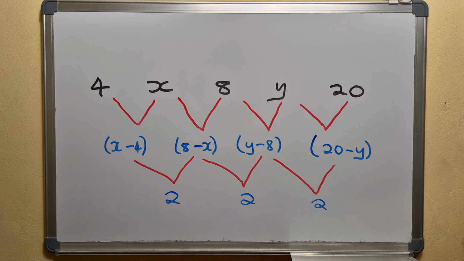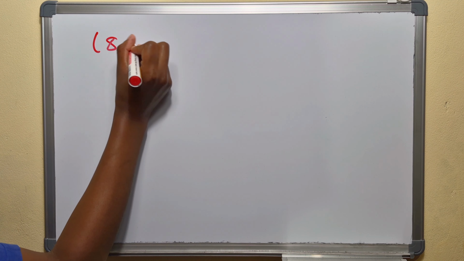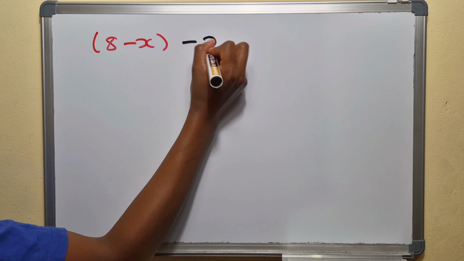The same applies on this side. From this value, you minus 2 to find this value. So you have 8 minus x minus 2 equals x minus 4.